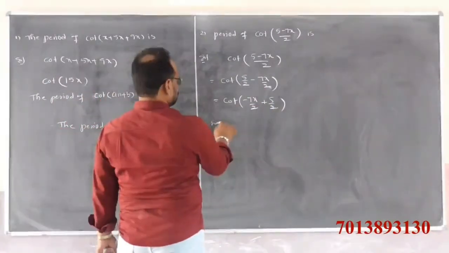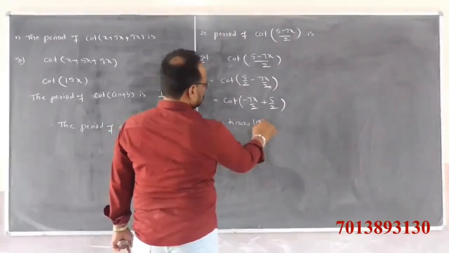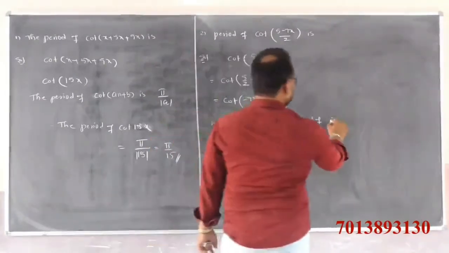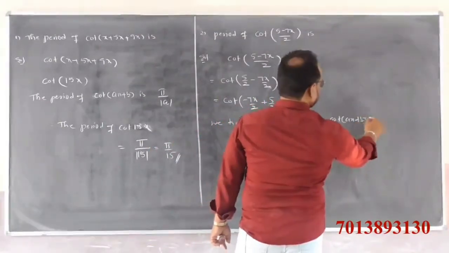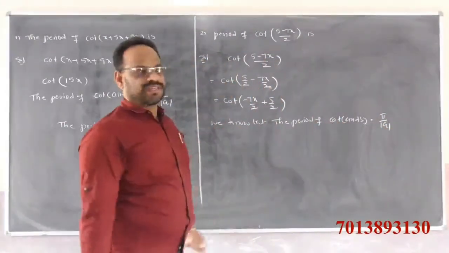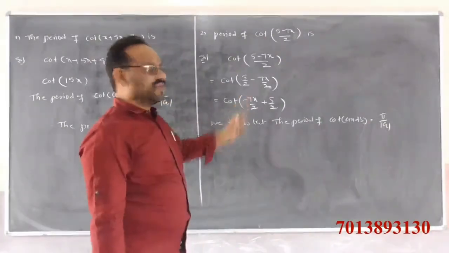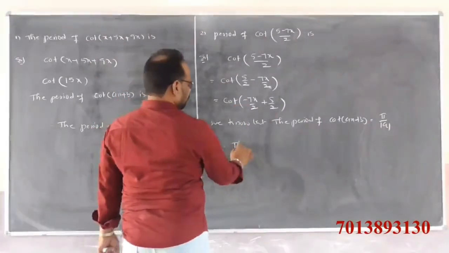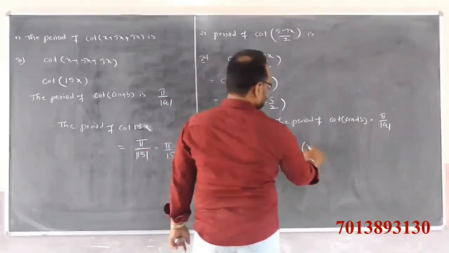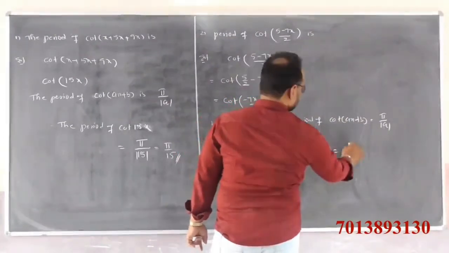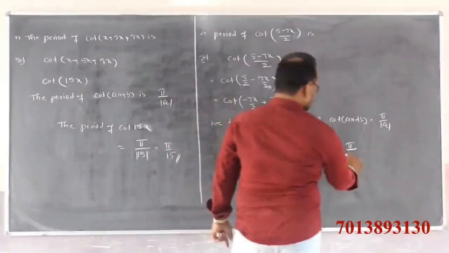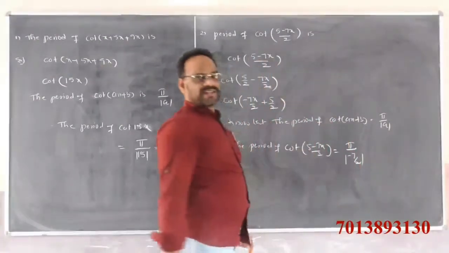Already we know that the period of cot(ax + b) is equal to pi by mod a. Clearly a here is minus 7 by 2. Therefore, the period of cot((5 minus 7x) by 2) is pi by modulus of minus 7 by 2.